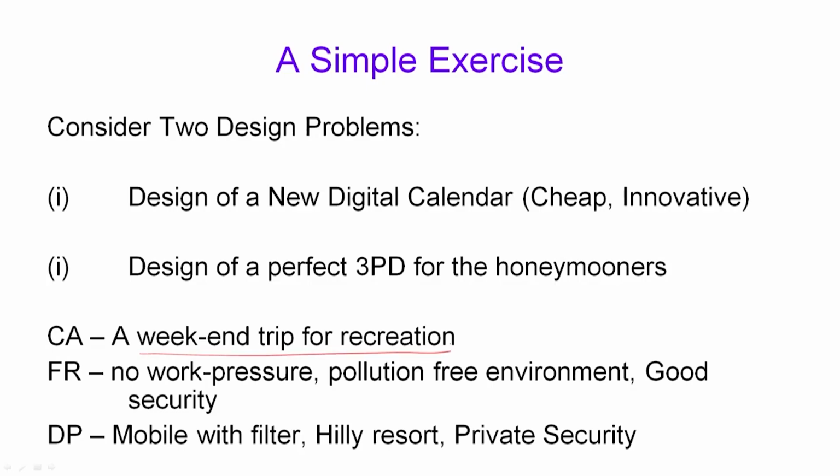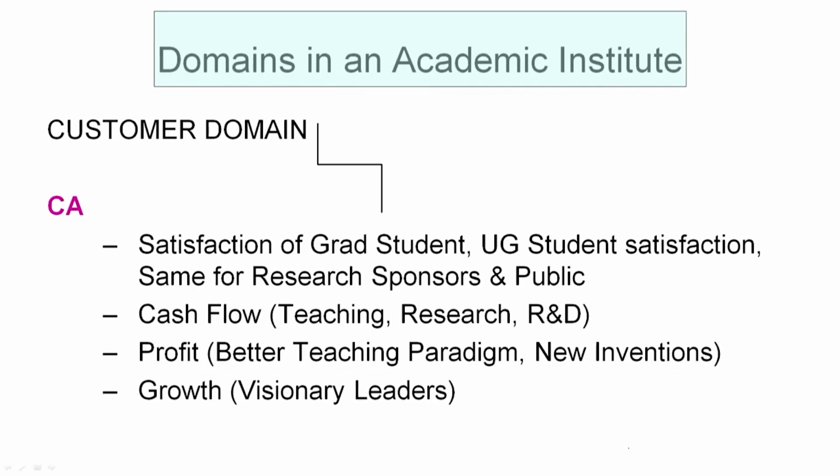Functional requirements may be no work pressure, pollution-free environment, good security, and the design process from this may be a mobile with a filter, so that your boss's call does not arrive. Maybe it should be a hilly resort, so that people cannot easily come and disturb. Maybe something with private security. So, these functional requirements talk about what the design process should be.